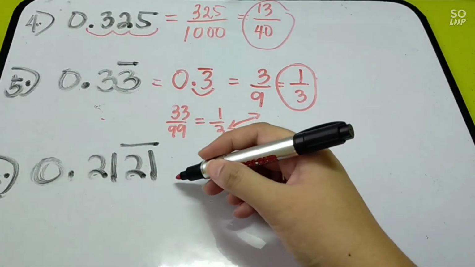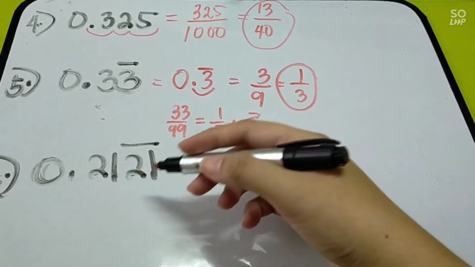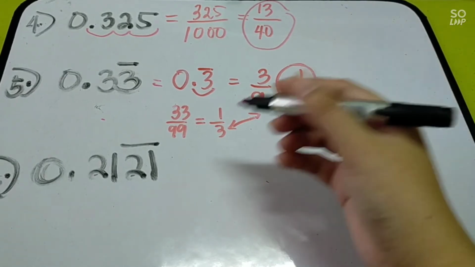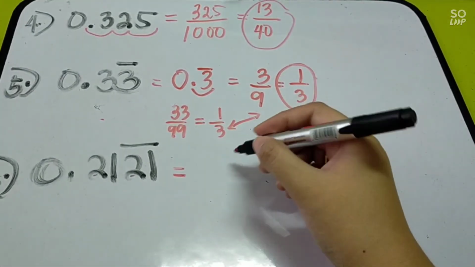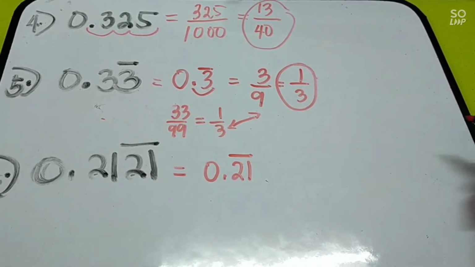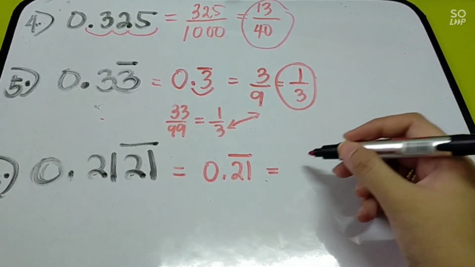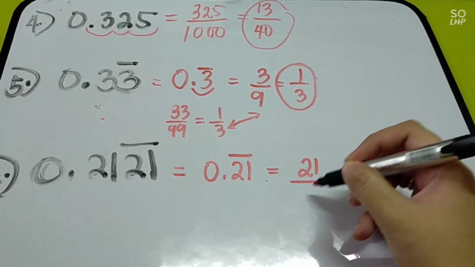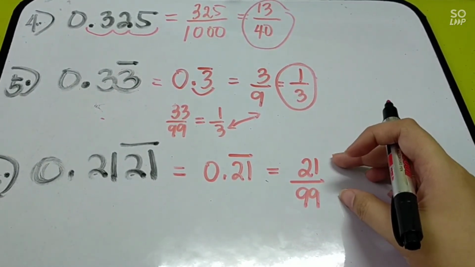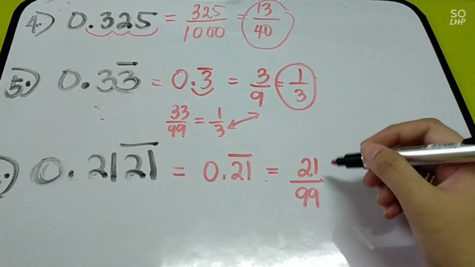The next one, number 6, here, is 0.2121, meaning the 21 repeats. 21 and 21 are repeating. So, we can rewrite it as 0.21 with the 21 repeating. So, we have here 21 over 99. It's that simple. If it is three digits, it is over 999.